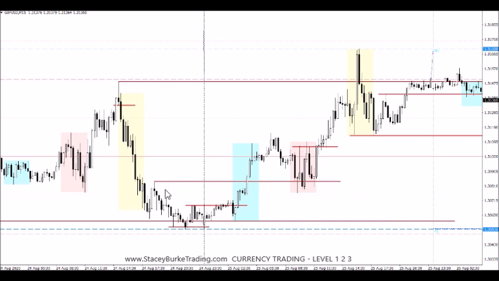So I look at everything as a box because we have these little structures that form down low and up high after big moves. I'll just reinforce that. And what we're looking to see is how the market behaves around those levels. So in the market, we talked about 3 things markets do. They break out, they pull back, they continue, and they trend.